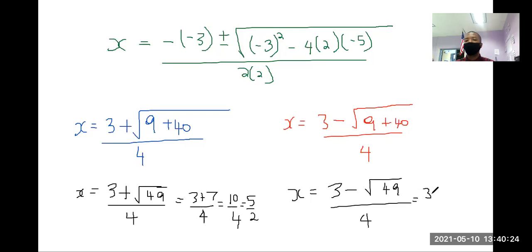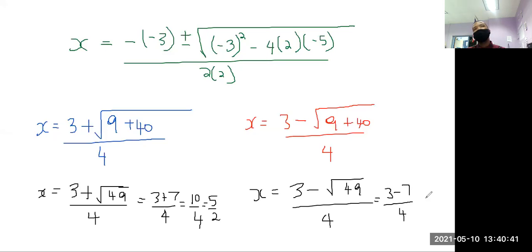So this ends up being 3 minus 7 over 4. And then 3 minus 7 is negative 4. Divided by 4, which is equal to negative 1. So my two x values are 5 over 2 and negative 1. And those would be your answers.